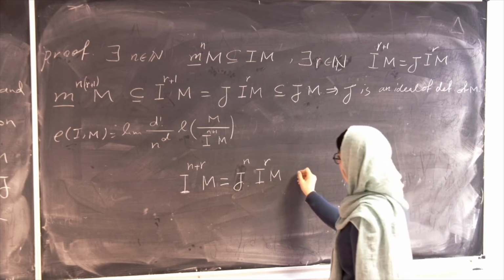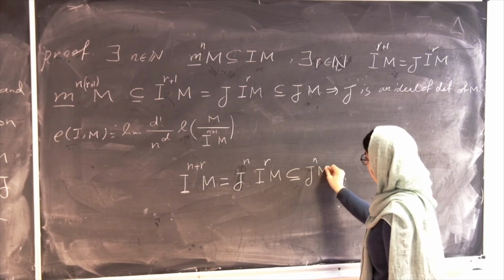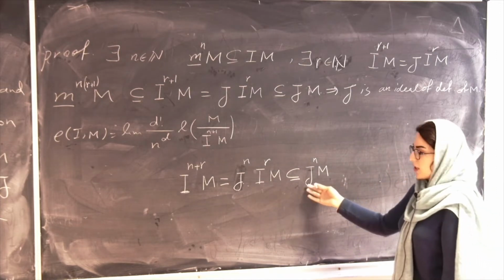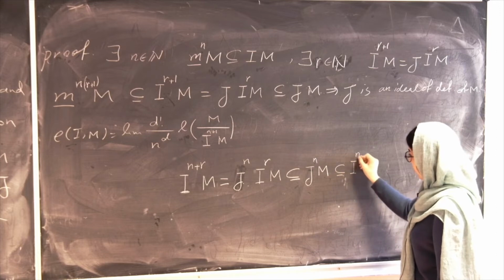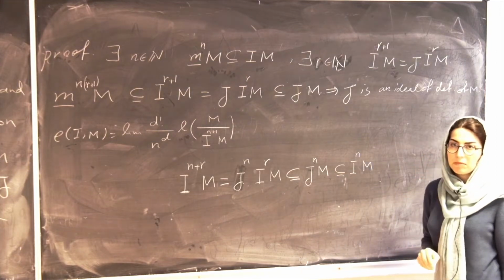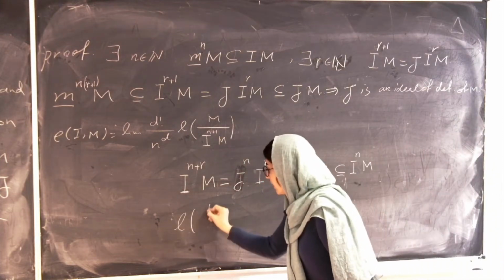So this is contained in J^n M. And obviously, because J is contained in I, J^n M is contained in I^n M. So I will have this inequality for the lengths.